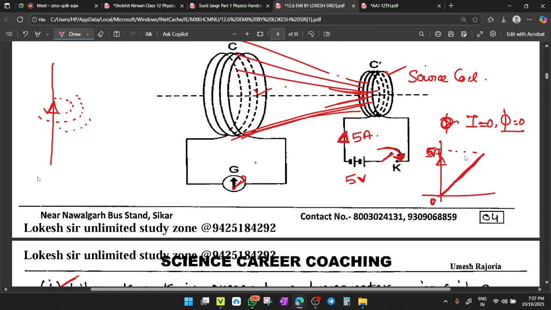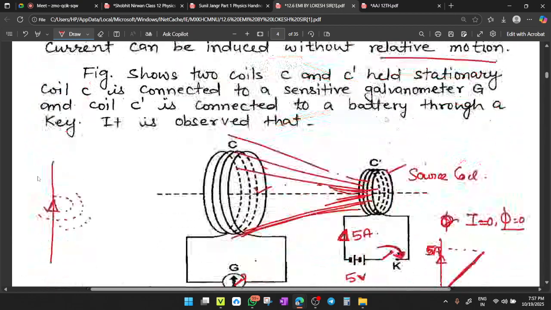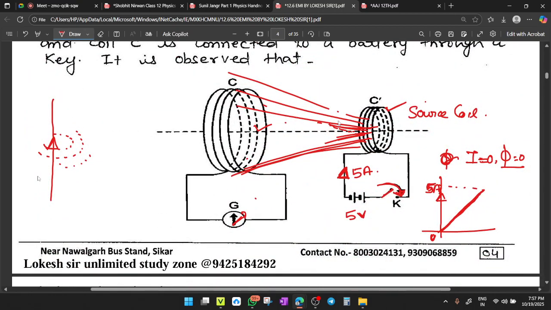Till the current is increasing, the flux will be increasing, and in this coil a change of flux takes place. Yes or no? Now tell me, students, in how many coils does a change of flux take place? In the first coil only, or in both the first and second coil? There is a change of flux because of the changing current, it is obvious.